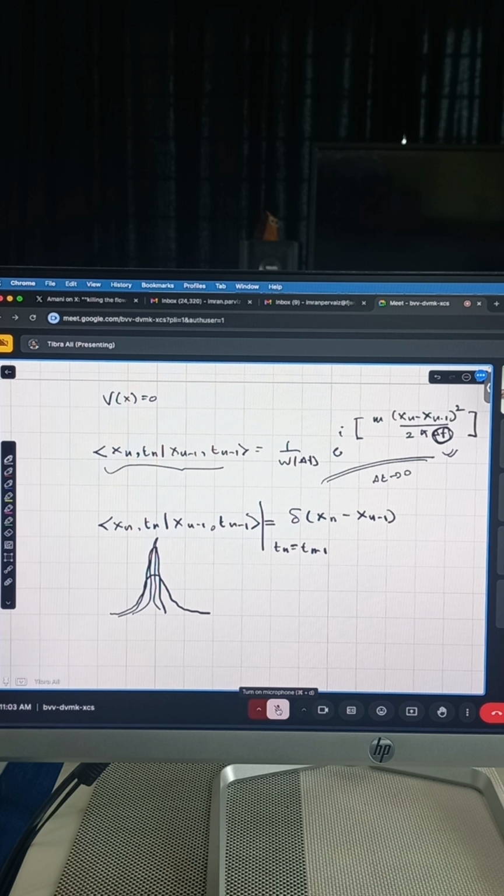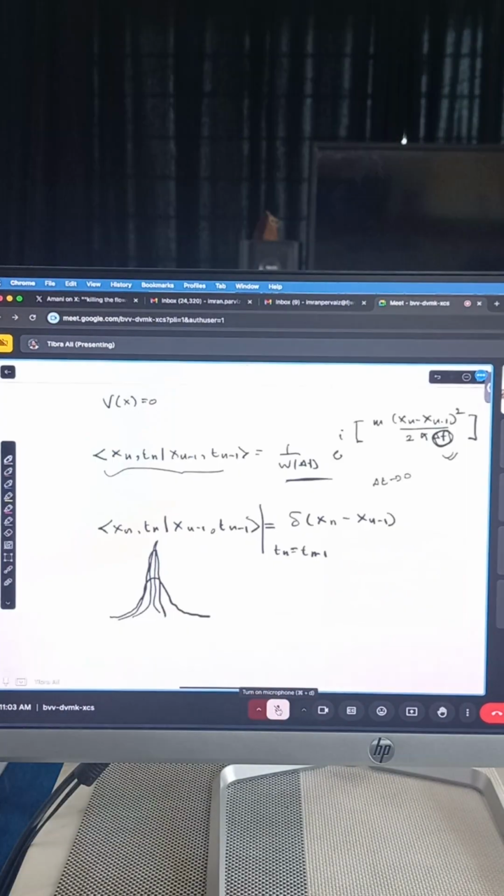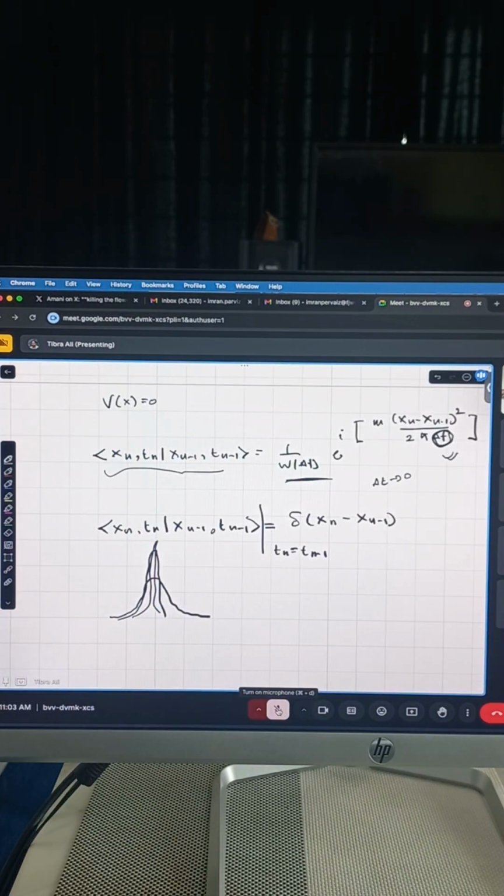But for that to be true, we need to normalize the Gaussian, right? We need to normalize it. So basically, in the delta t going to 0 limit, we need to figure out what the value of this is, so that it gives us this thing.